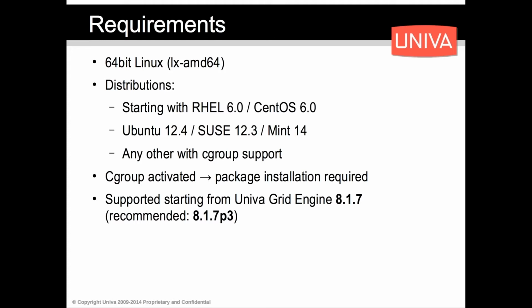That means when you're booting the host, those file systems are automatically mounted. But again, no library support is required. Of course, you also need the latest Univa Grid Engine version 8.1.7. We are recommending the newest version 8.1.7 patch 3, which was released today.